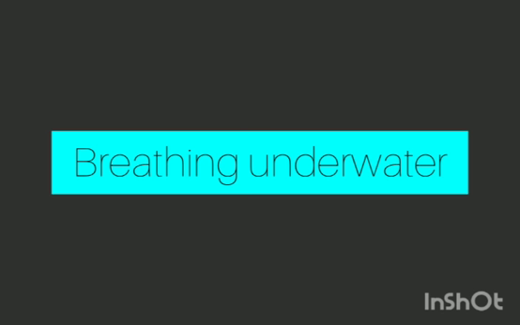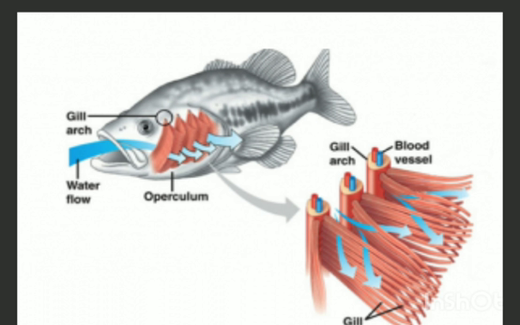Breathing underwater. Can we breathe and survive in water? There are many organisms which live in water. How do they breathe underwater? Animals that live underwater have special respiratory organs called gills.